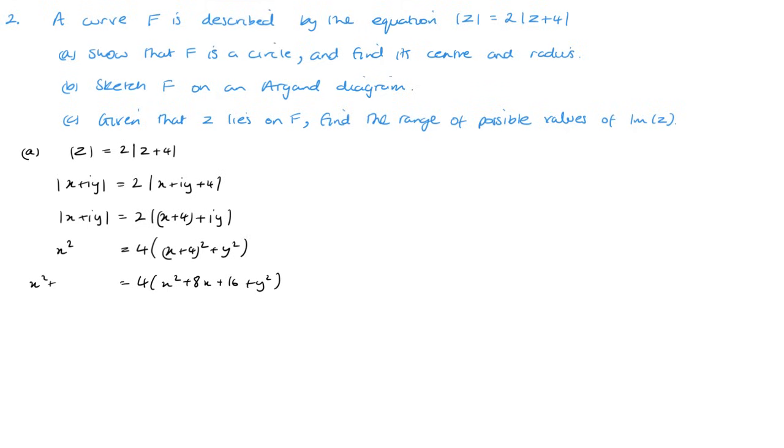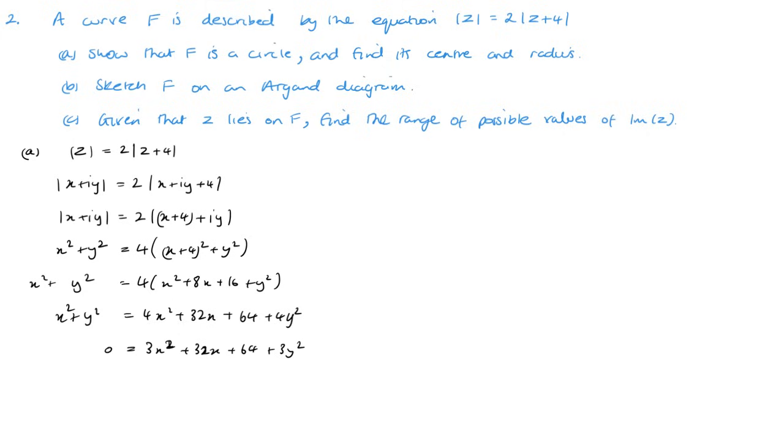It should just be x² + y². So 4x² + 32x + 64 + 4y². That's 3x² + 32x + 64 + 3y² = 0.